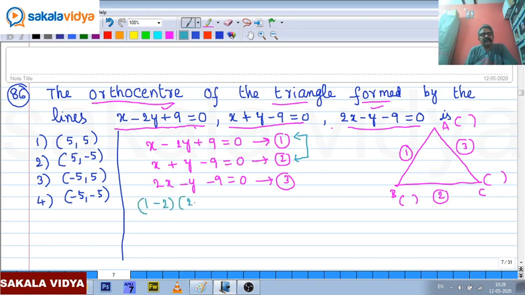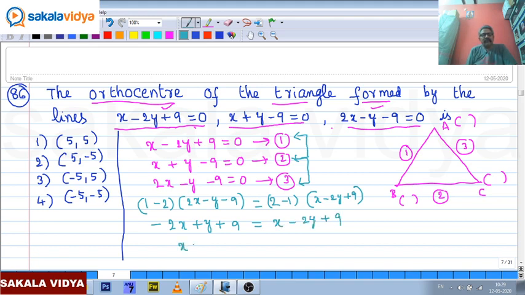Third line is 2x minus y minus 9 equals to, this time you take these two lines. Here also A1, A2, 2 plus B1, B2 minus 1 into first equation write down. What is the first equation? X minus 2y plus 9 write down. This will be minus 2x plus y plus 9 equal to x minus 2y plus 9.